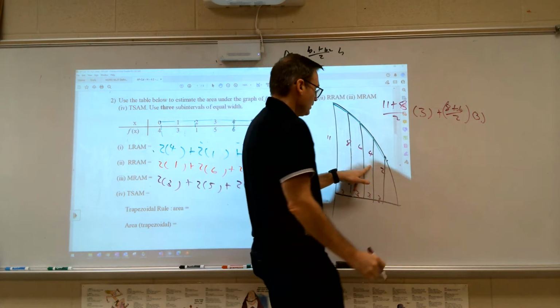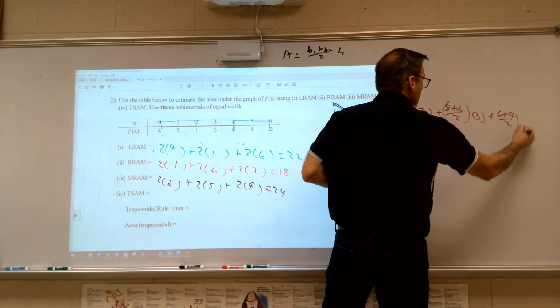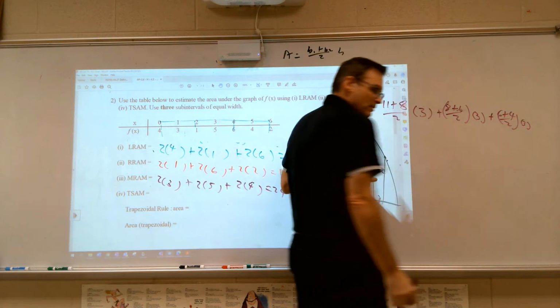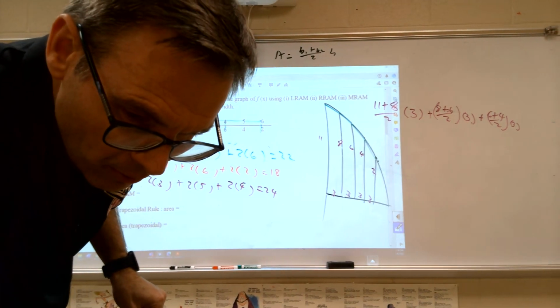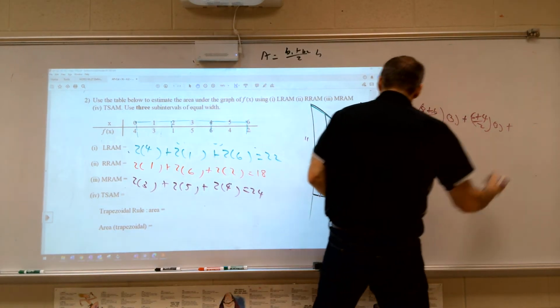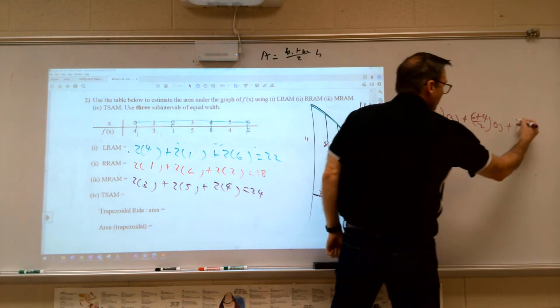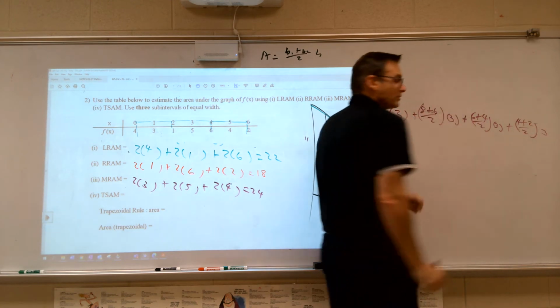This one is going to be 6 plus 4 over 2 times my height. And then the last trapezoid is going to be 4 plus 2 over 2 times the height.